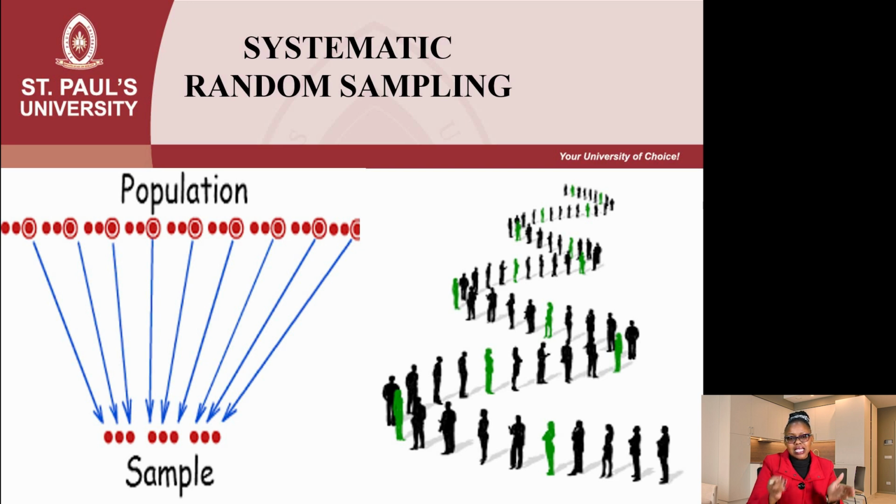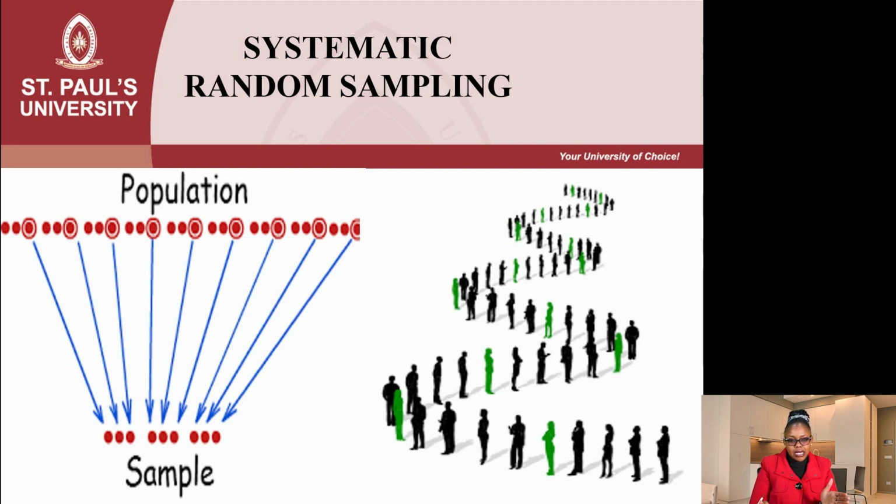So we are saying that is systematic random sampling. Systematic because we have arranged them in a particular manner, and random because it is for you to pick any random number, every 10th, every 5th, every 16th person, depending on what you want. So that is what we call systematic random sampling.